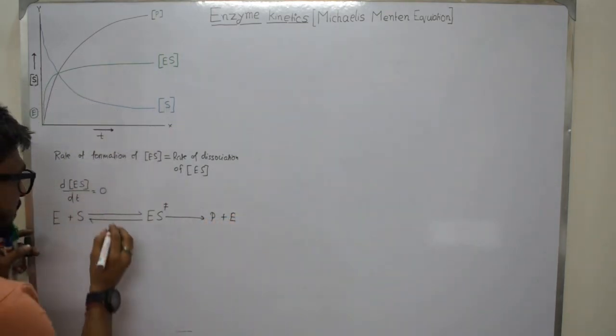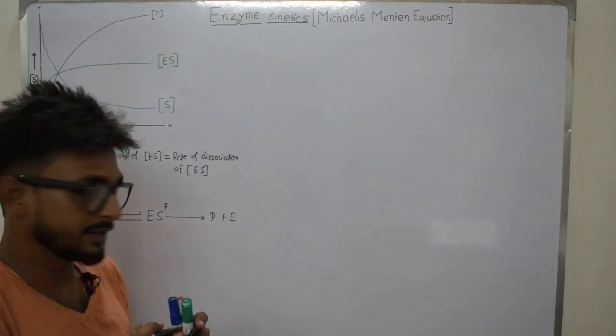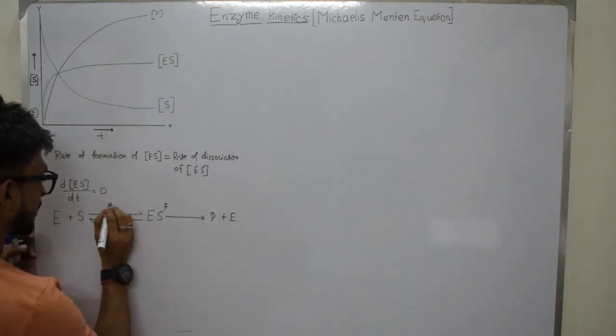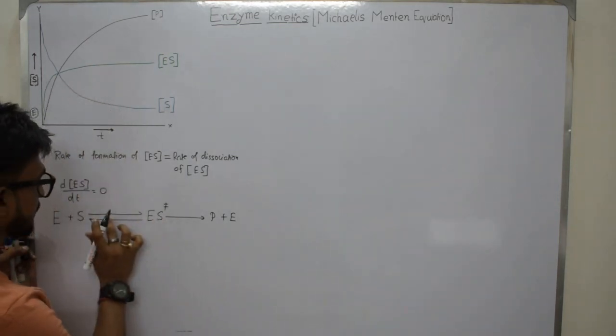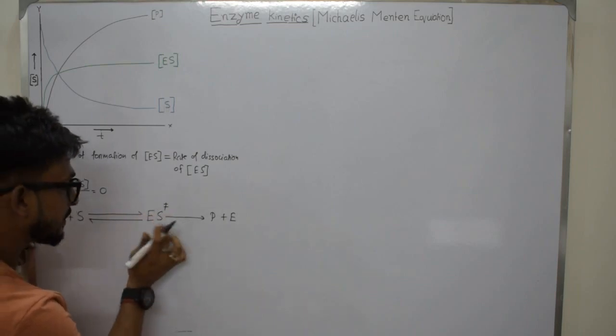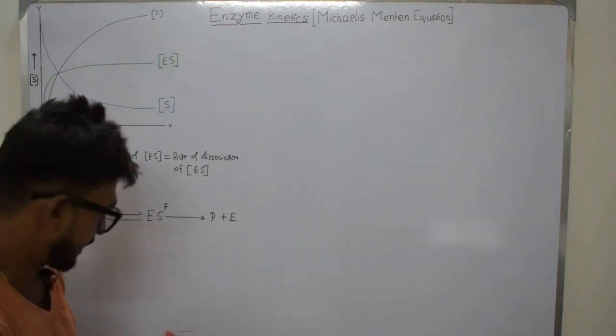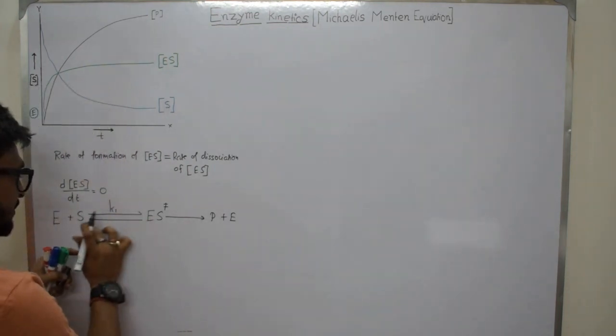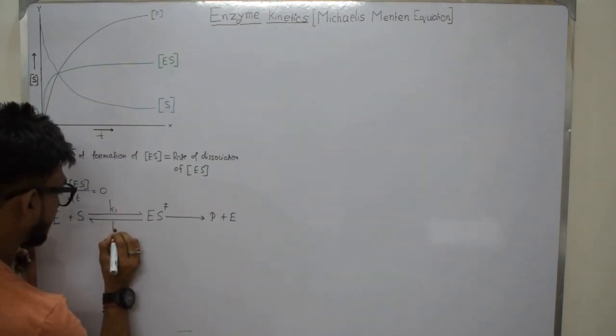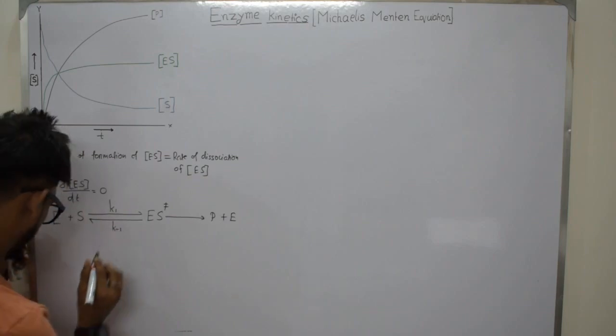Now if we look at the rates of the reactions, the forward reaction, which makes the enzyme substrate complex, is denoted as lowercase k1, and the backward reaction is indicated by lowercase k minus 1.